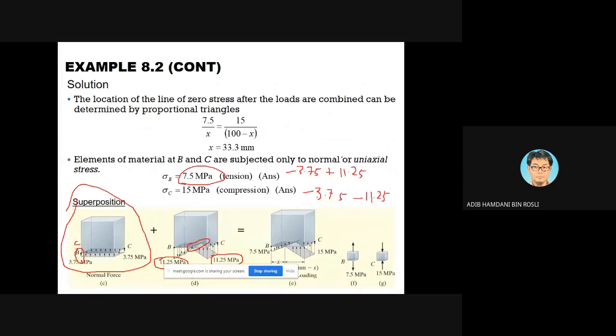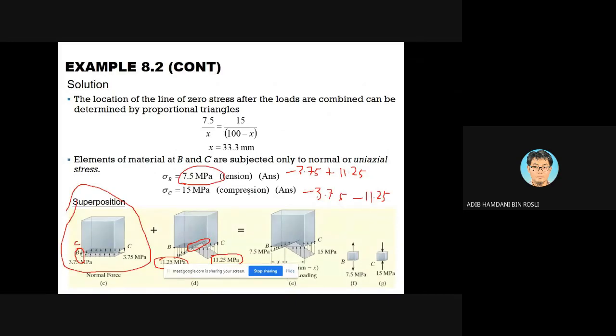So that's why I said with tension and compression, you need to be careful about the direction. You cannot simply sum the magnitudes. That's very incorrect, because you need to see whether it's in tension or compression.